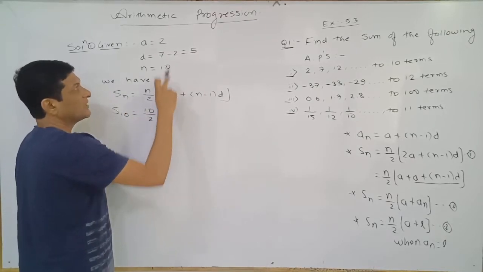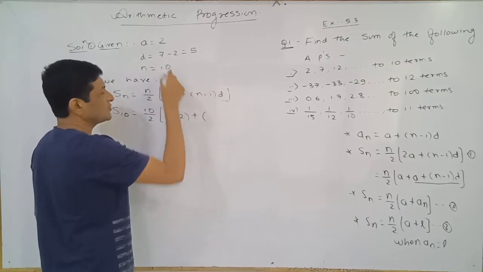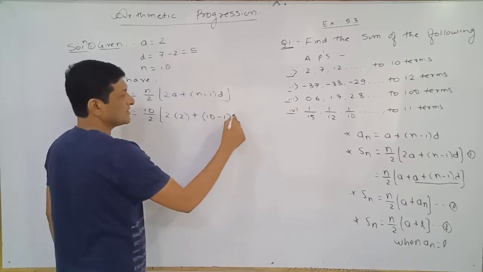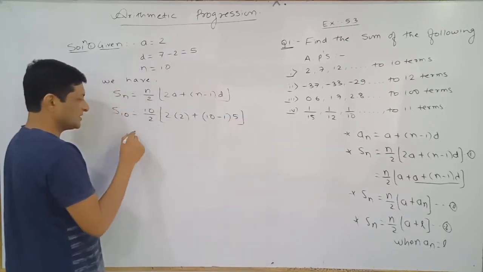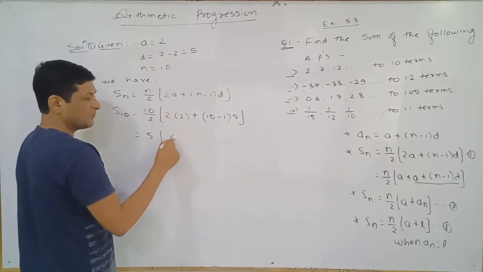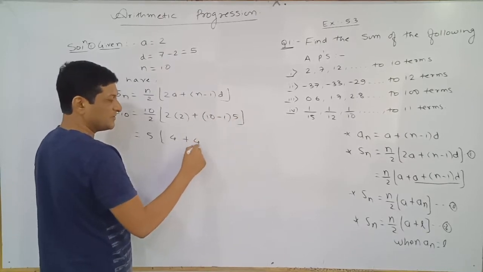2 into a. What is the value of a here? 2. Plus n minus 1. n is what here? 10. 10 minus 1 into d. The value of d is equal to 5. So this equals 10 by 2 means 5. Here 2 2s are 4 plus 10 minus 1 is 9 and 9 5s are 45.